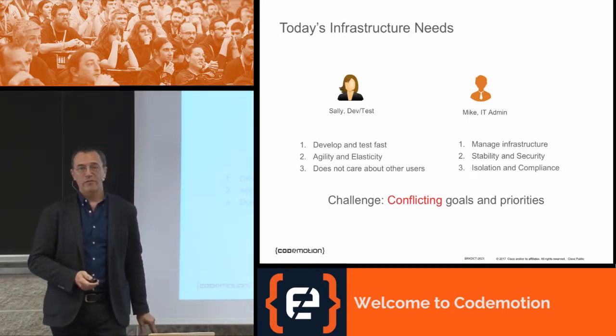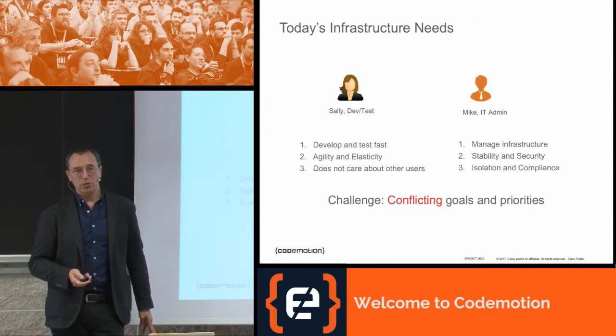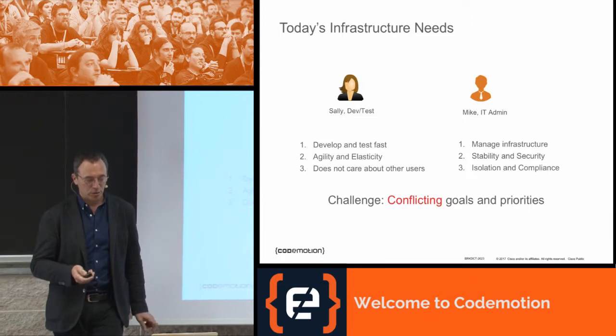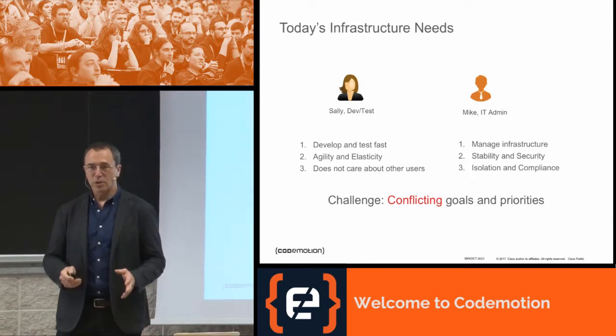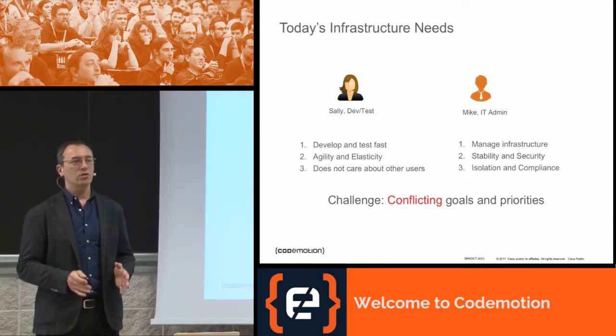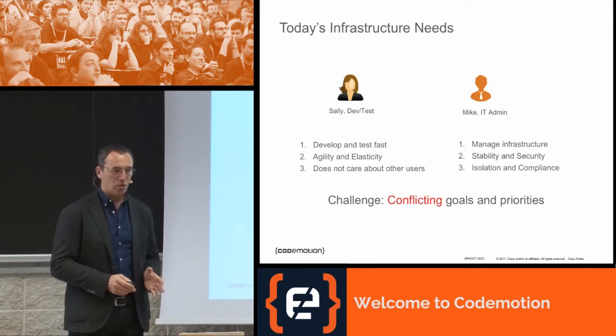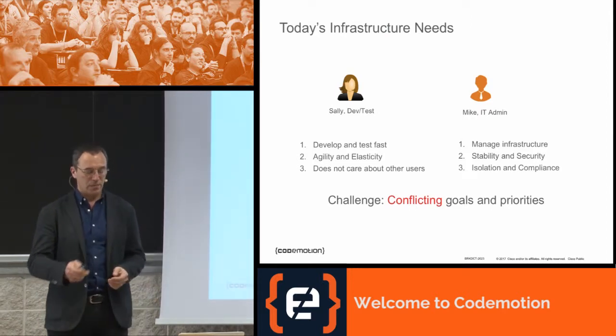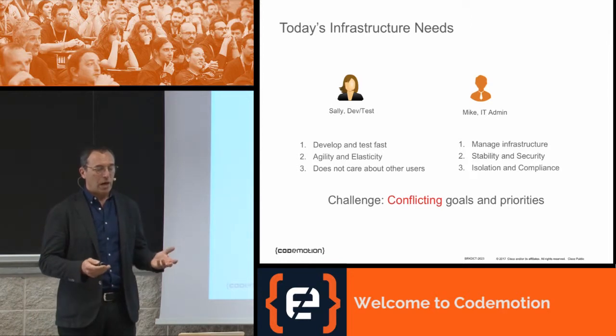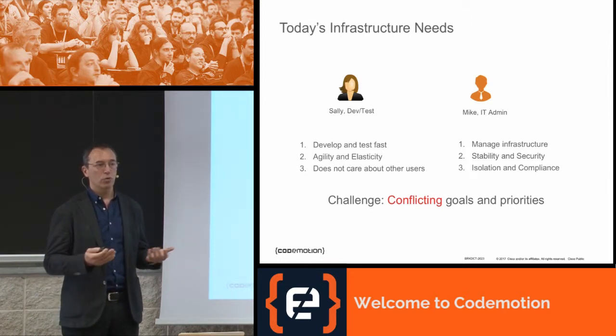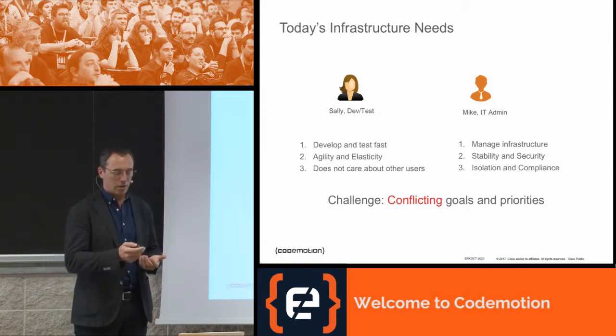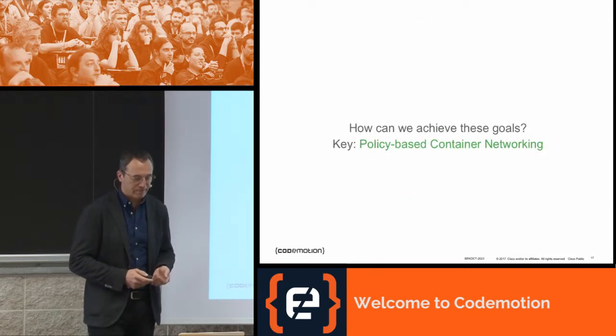So they want everything to be stable and secure. They don't want to have risks. They don't want to have troubles or performance issues. So applications must run according to specific rules, should be isolated, should be compliant with some rules. So how to help those guys to work together and provide a good result to the company?